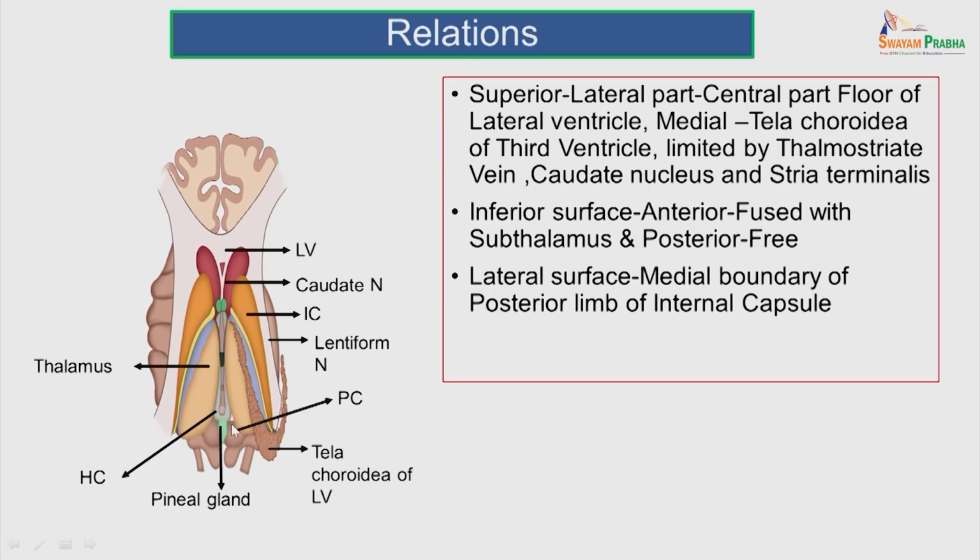The inferior surface, which we cannot see in this view, is fused with the subthalamus, and the posterior end of the inferior surface is free. The lateral part forms the boundary with the posterior limb of the internal capsule.